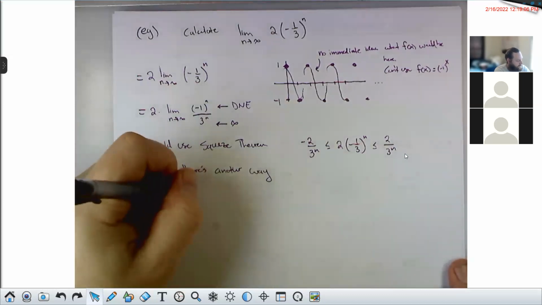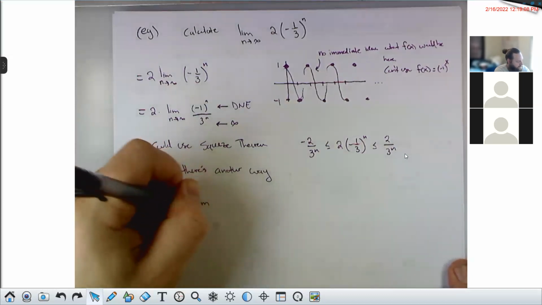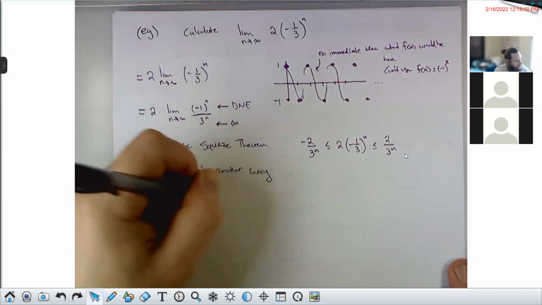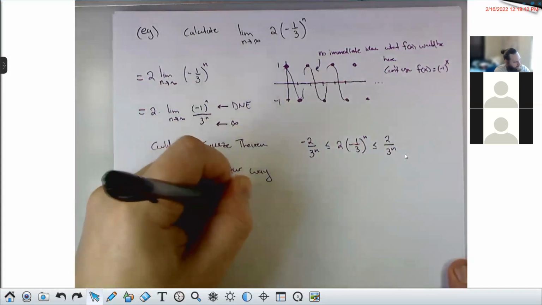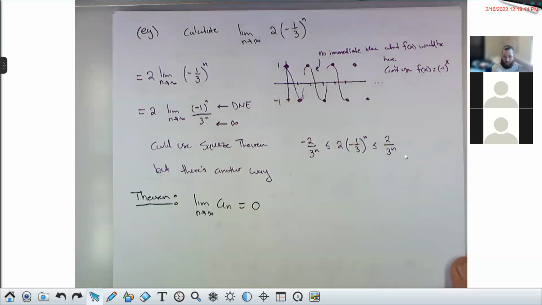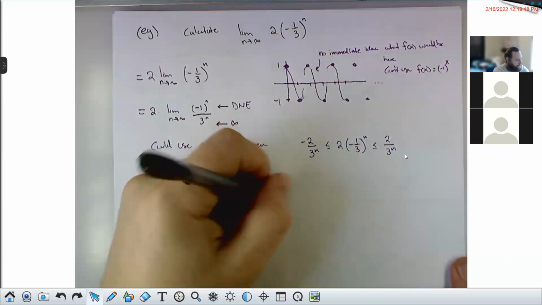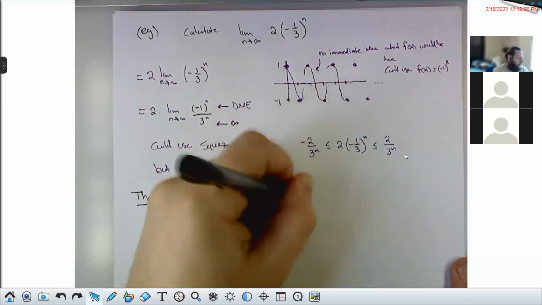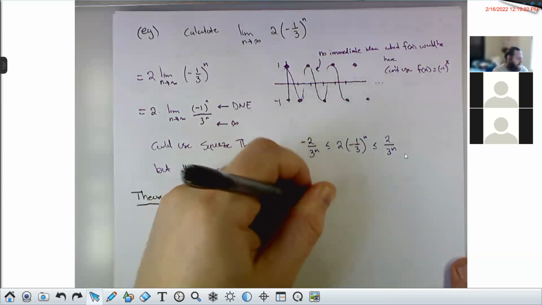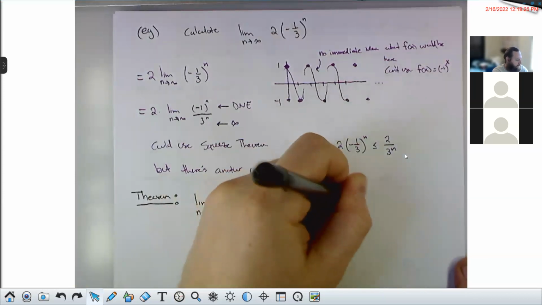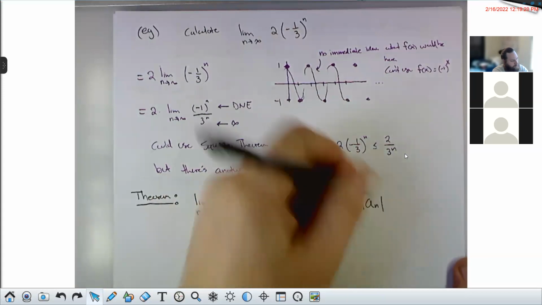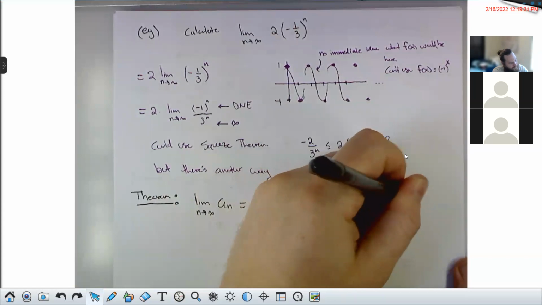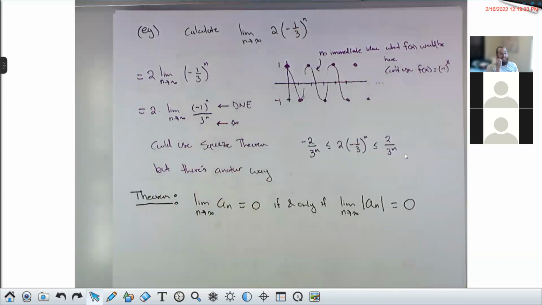The end result, you realize, is that to say the sequence a_n has limit 0 is equivalent to saying that the absolute value of that sequence has limit 0.